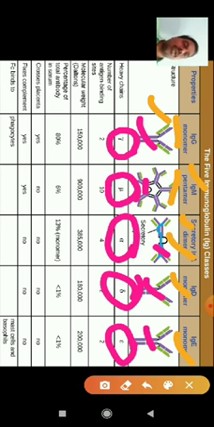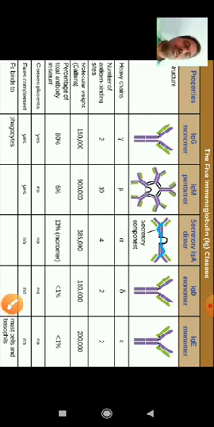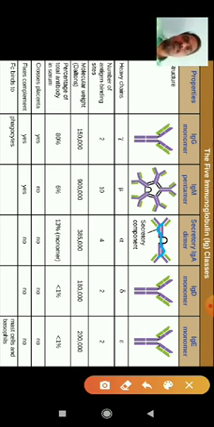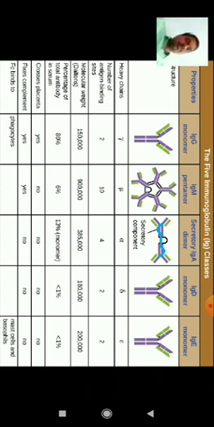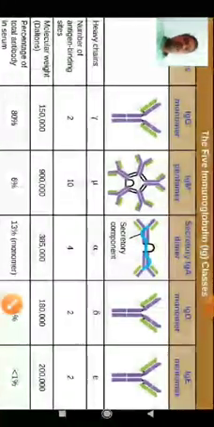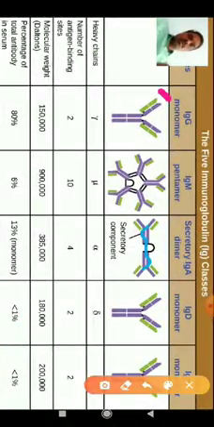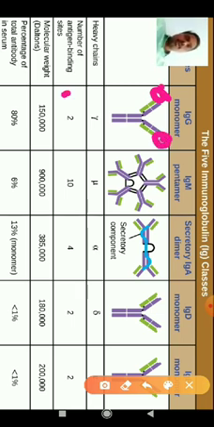These are the five types of antibodies, and the number of antigens bound with each antibody differs. As already discussed in the structure of antibody, in IgG there are only two binding sites, so it binds with two antigens.